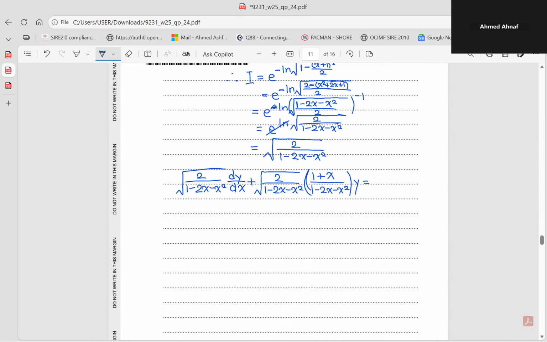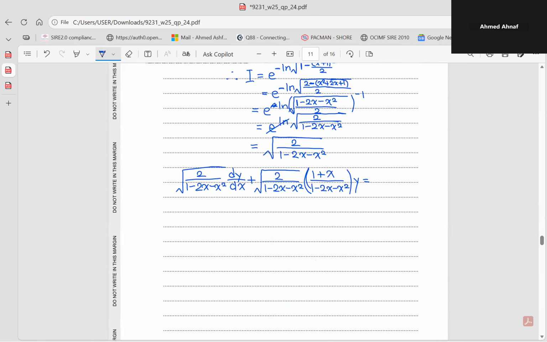So this one is just square root 2 over square root 1 minus 2x minus x squared.